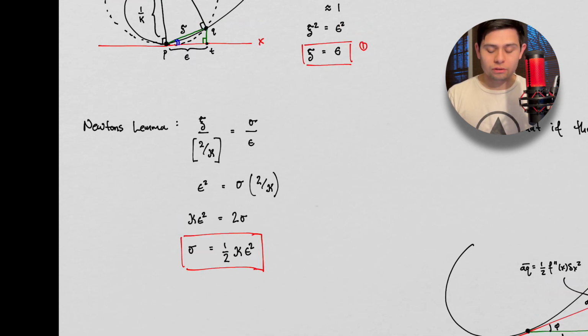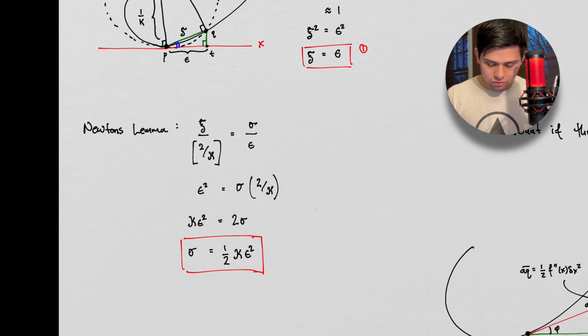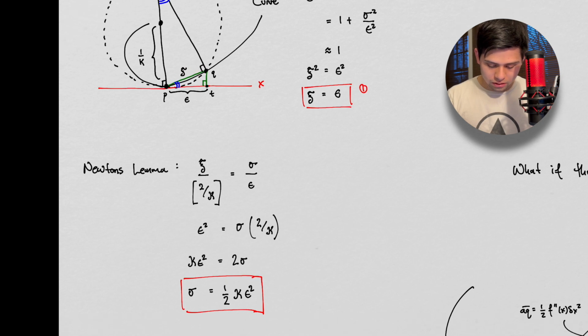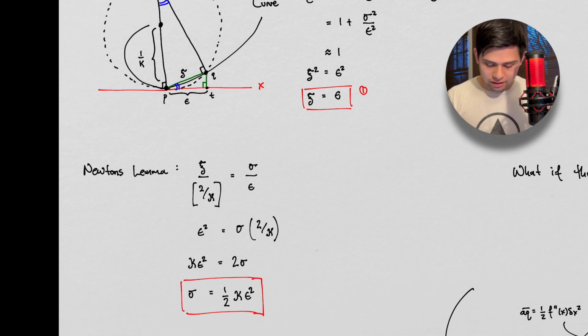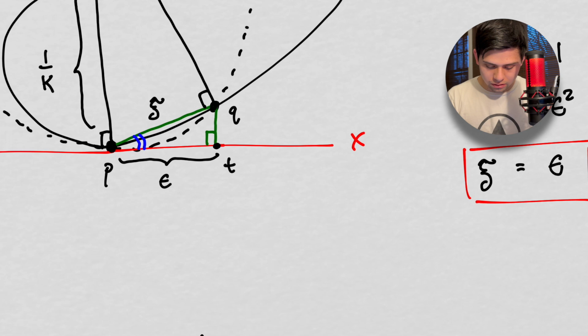The next thing we want to consider is this value again. We want to look at this triangle now. This here is going to be 2 over k, the diameter, and then we have sigma and epsilon, where sigma is this distance right here.